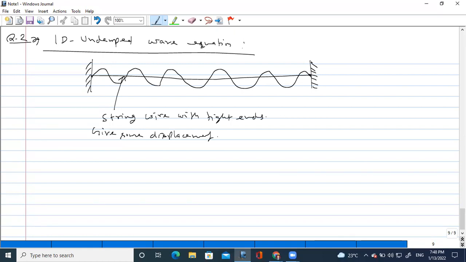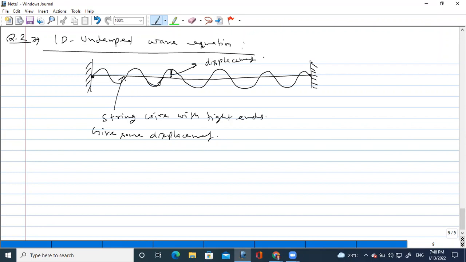These waves will depend upon two things. Suppose I am looking at the displacement. Suppose this is the displacement. How much is the displacement from the mean position that I am looking at here? That is known as displacement.